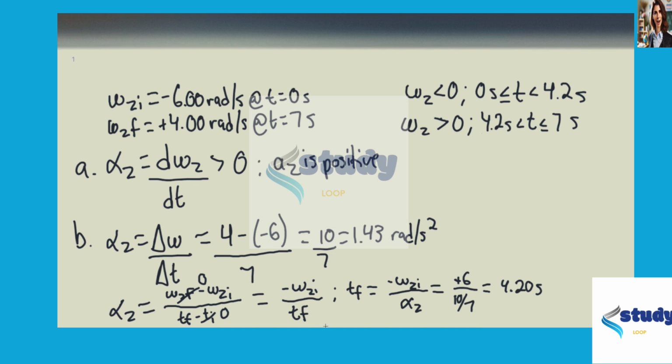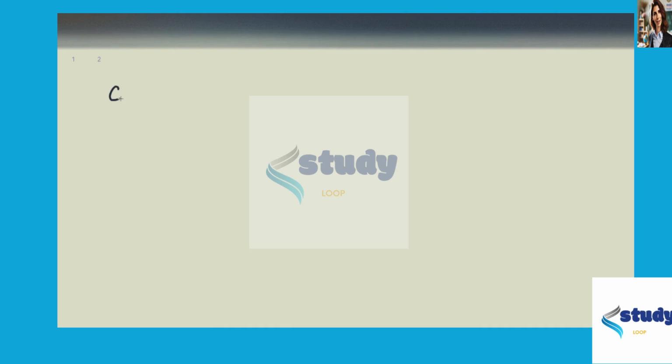And then let's get a new workbook. For part C, we're asking for the total angular displacement. So angular displacement can be derived from the formula: displacement final equals displacement initial plus the initial angular velocity times time plus half times the angular acceleration times time squared.